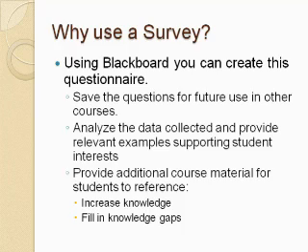And you can save these questions for future use in other courses. So you can save it from one semester to the next to reuse the questions, or you can also use pools and have a pool of questions. In online sections at the university, we complete our student midterm and end-of-term evaluations using survey tools.